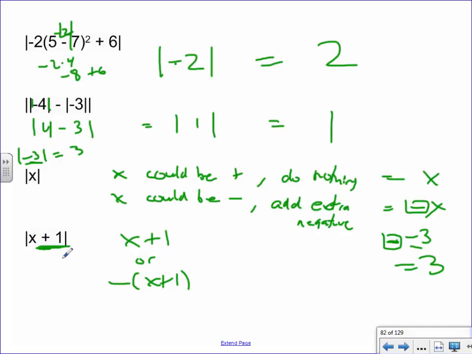If it was positive, do nothing to it. Say that this was negative. You want to make it positive. How do you make it positive? Add an extra negative. That extra negative would then take the negative and make it positive, which is why this thing right here has an extra negative in front. You could, by the way, make this negative x minus 1. So what ends up happening now is you actually get two answers.